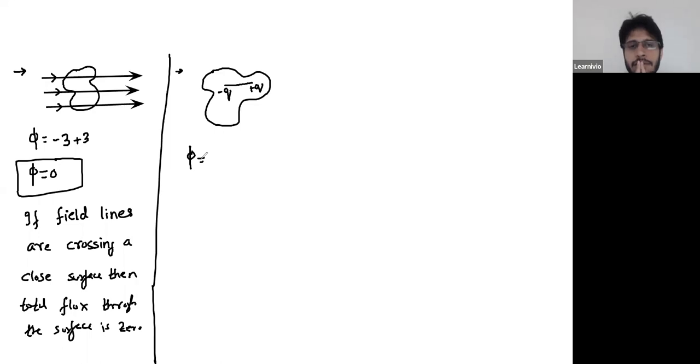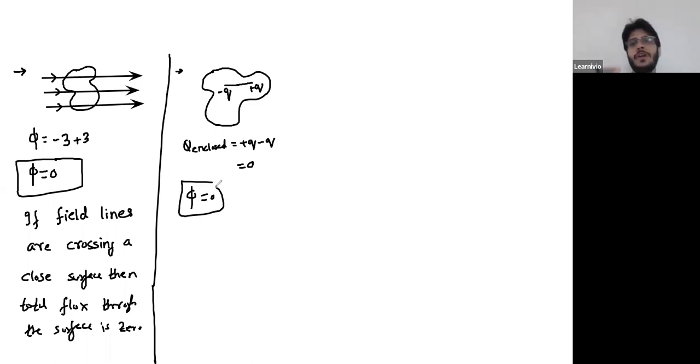Because opposite charges are there, minus and plus. So you can say that your Q enclosed is simply plus Q minus Q, which is 0. So flux is 0. If you place the dipole inside a closed surface, the net flux through the closed surface is 0.